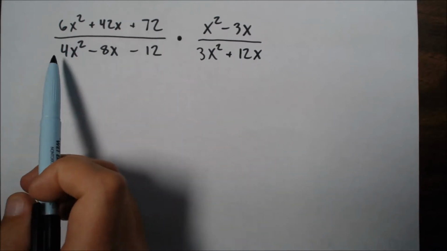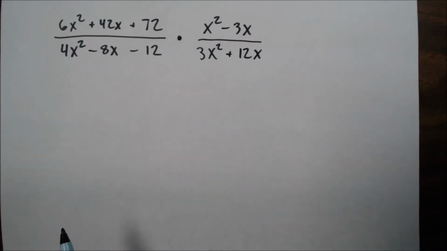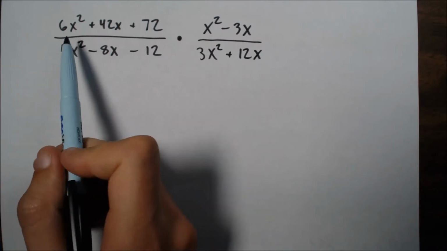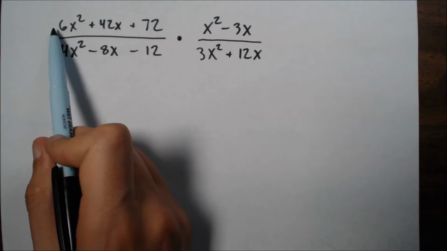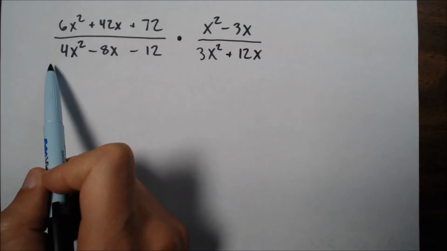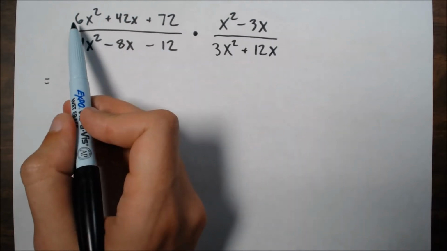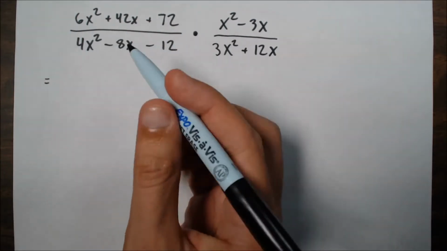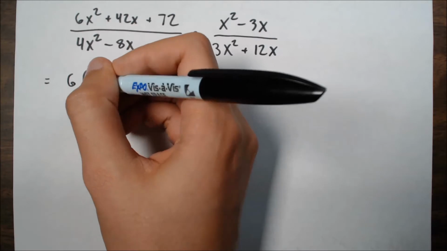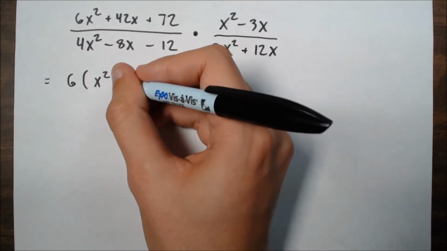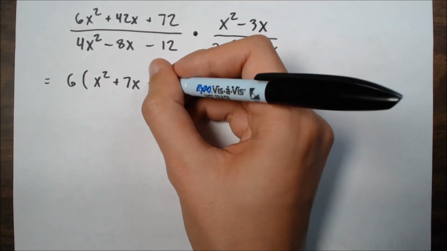So let's look at each numerator and denominator, and see how we can factor something out. I noticed, first of all, there's a GCF on the numerator and on the denominator here. So let's do the GCF factoring first. So I'm going to say the top, I can divide that by a 6. And so if I pull the 6 out, that's going to leave x squared plus 7x plus 12.